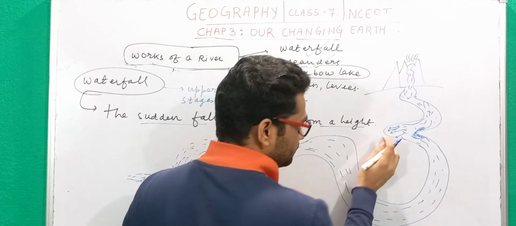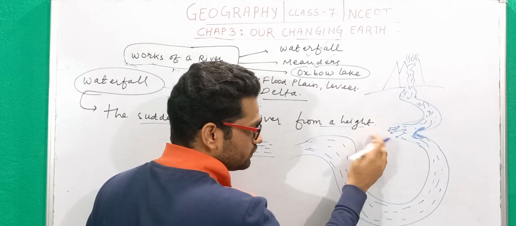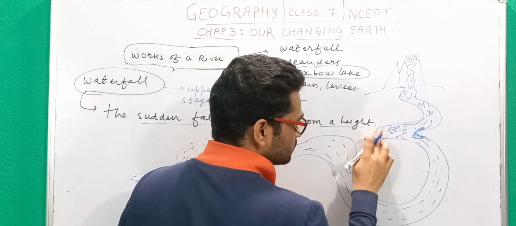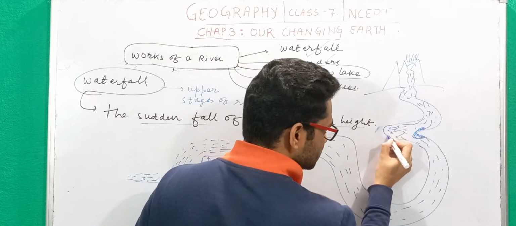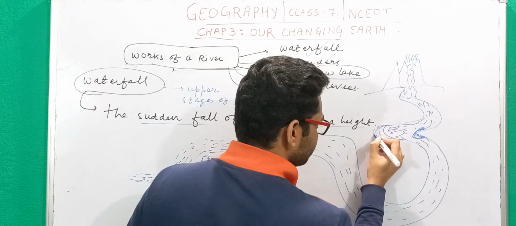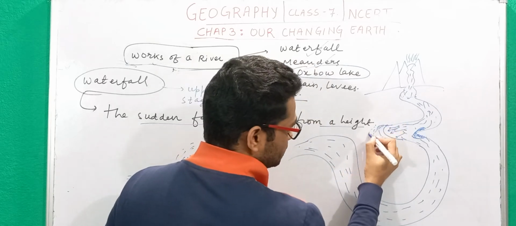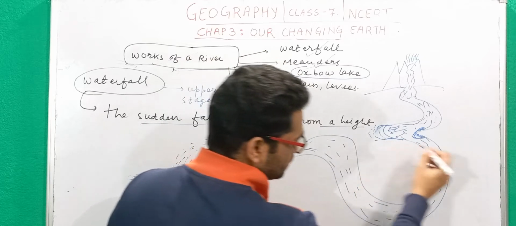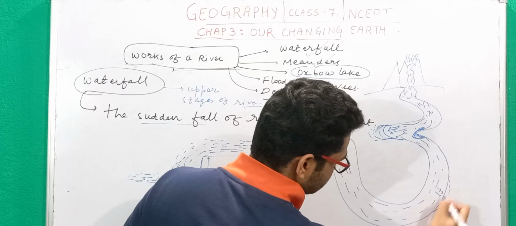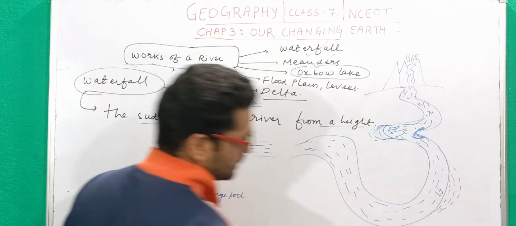and so over a period of time you will find that this bank of the river will get widened. First it was here, now over a period of time it will get here, then here, because erosional activity is occurring, and then here. Similarly here you will find a lot of erosional activities will take place, so this path will also be like this.